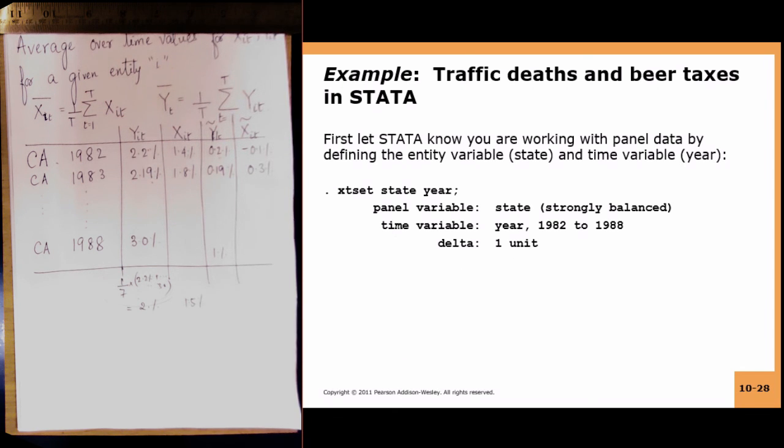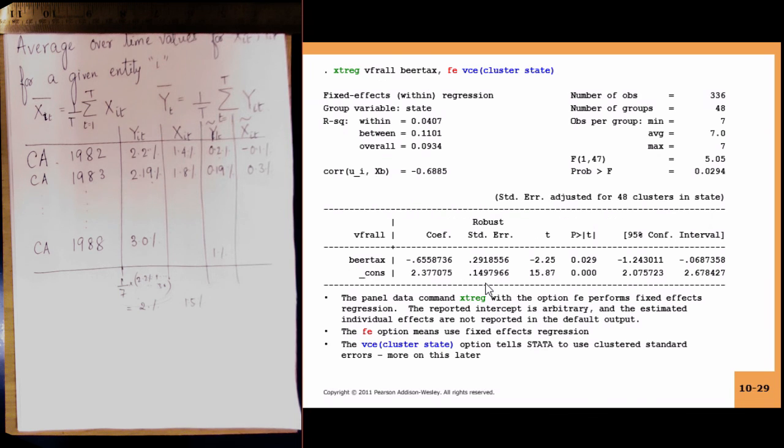For traffic deaths and beer taxes in Stata, you let Stata know you're working with panel data and you create a panel object. You do this in R also, and you indicate what your entity is and what your time variable is. Then you regress fatality rate on beer taxes, and in this particular case you get a coefficient of minus 0.6558736.